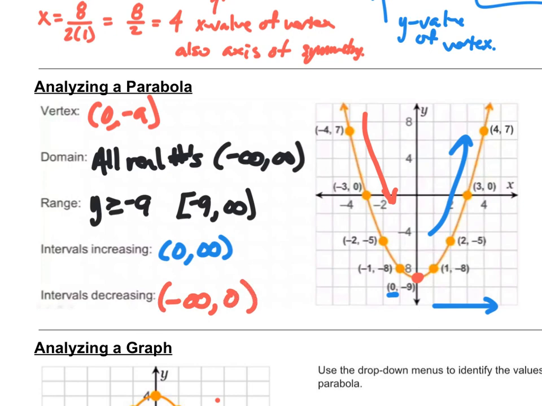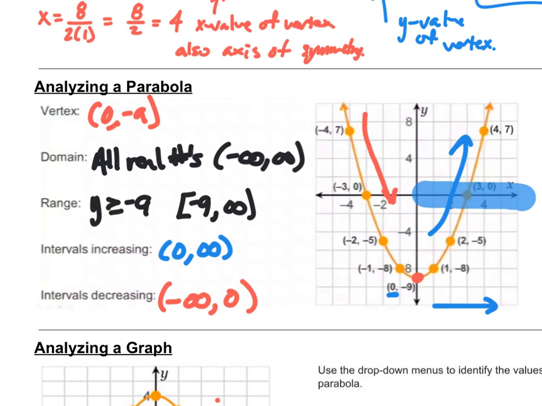Let me highlight that, okay? Let me use a highlighter. This is where the function is increasing. Here are the x values for where we are increasing, okay? When we start at 0 and we go to positive infinity, these are the values from 0 to infinity where the y values are getting larger.